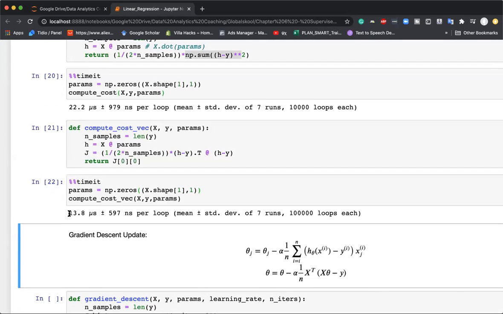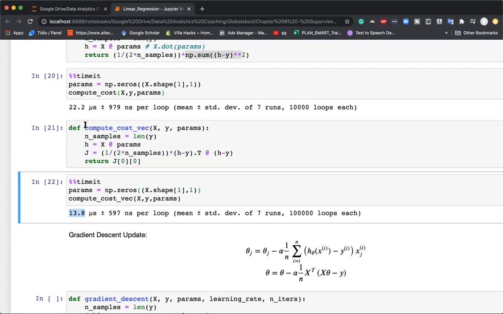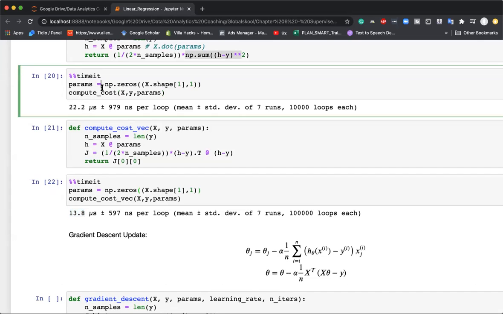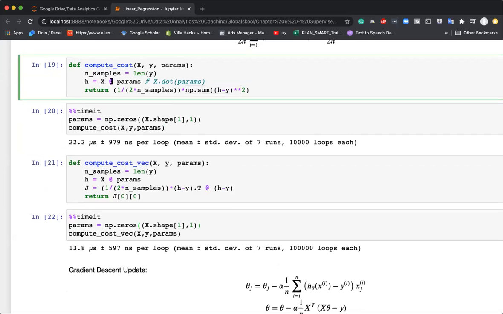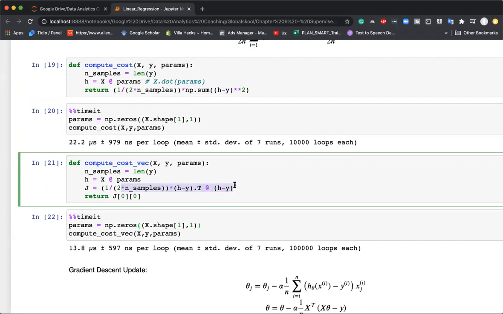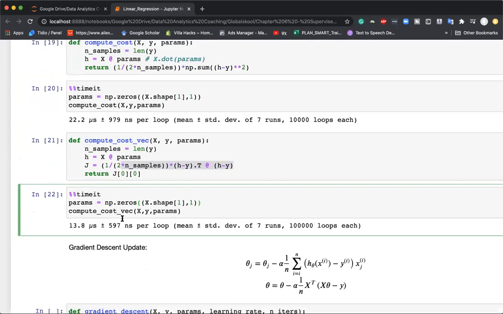Okay, so it takes 13.8 microseconds to evaluate this, which is roughly half the time it took for this step. Even in this step, we have actually used some vectorization. So we can see that using vectorization not only makes it simple for us to implement, but also saves us a lot of time.